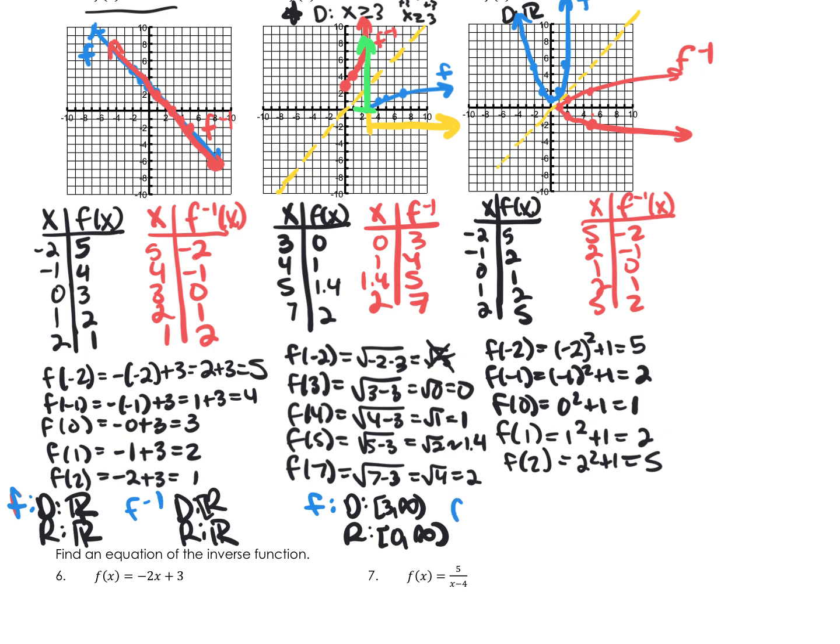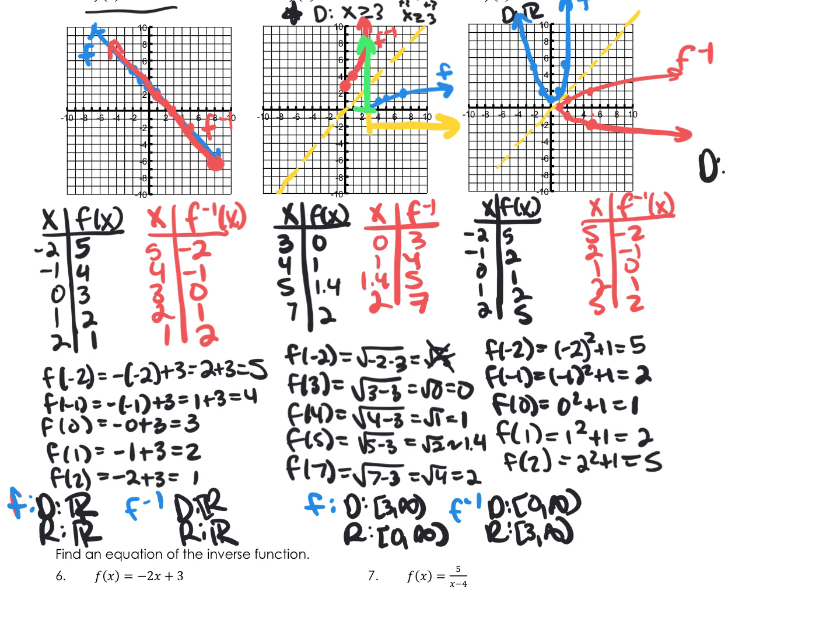And so then f inverse, you can look at the graph if you would like, but we also just know that they switch. So the domain will be 0 to infinity, and the range will be 3 to infinity.